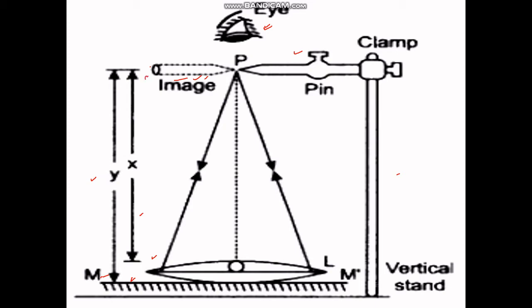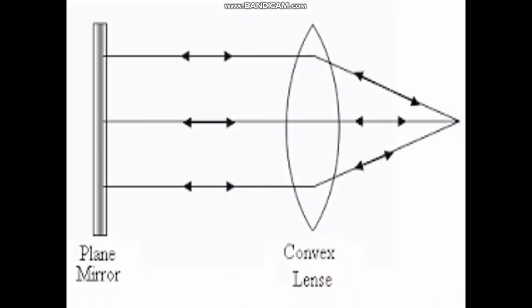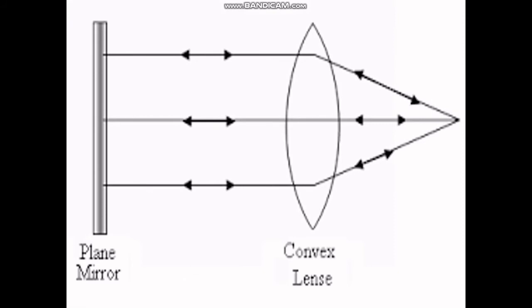Now why do we say that this distance between the image pin and the lens is the focal length? Let's find out. See, this is a view with some distance between the mirror and the lens.